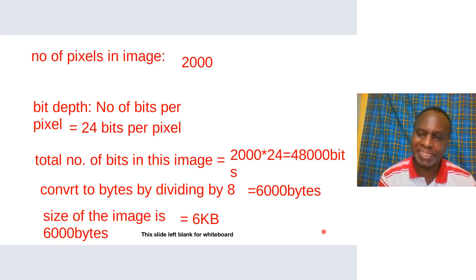Sometimes when this information is written in short forms, it's not very clear whether somebody is talking about bytes or bits. So normally the capital B is for bytes and small b for bits. So our image therefore would be 6 KB.